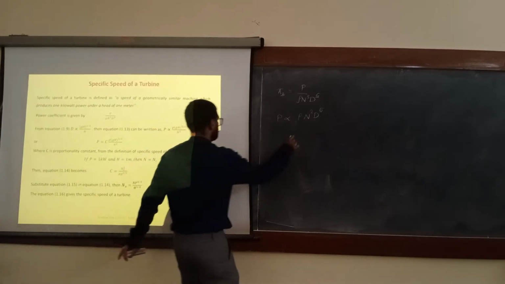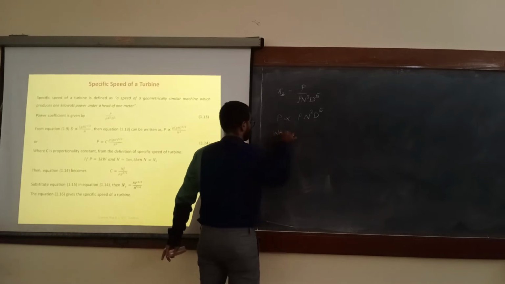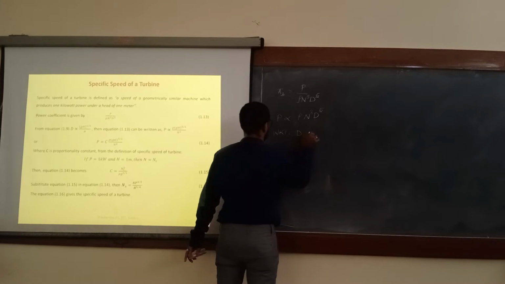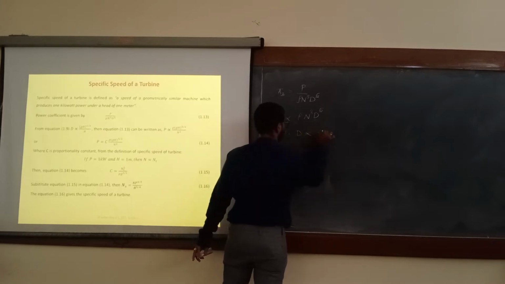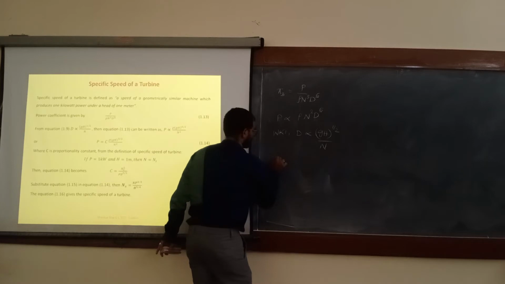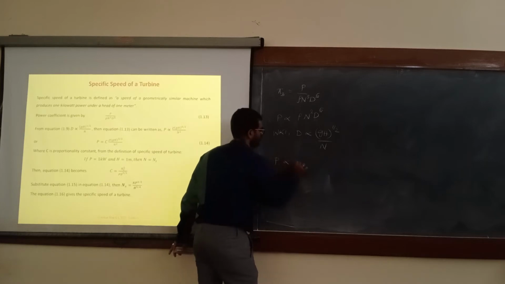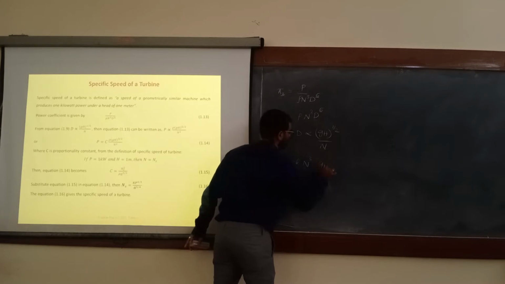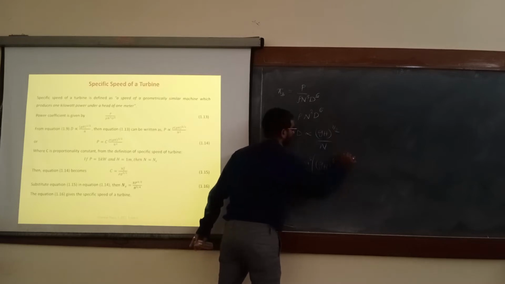Then P is directly proportional to rho n cube times D, that is (gH) to the power of 1 by 2 by n, whole to the power of 5.